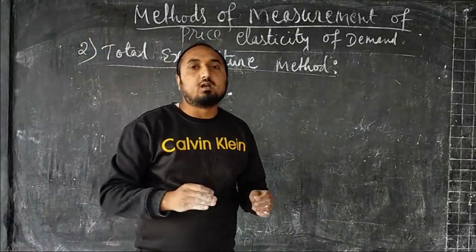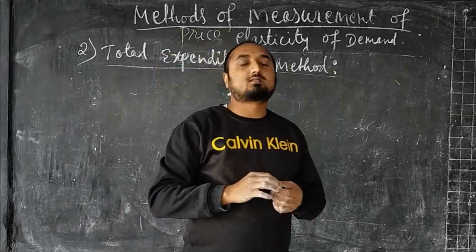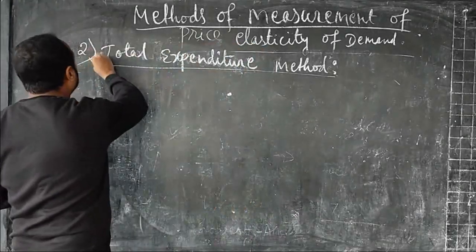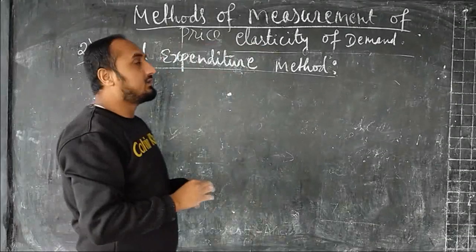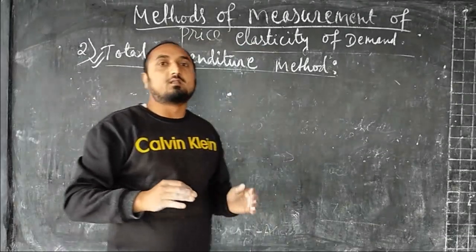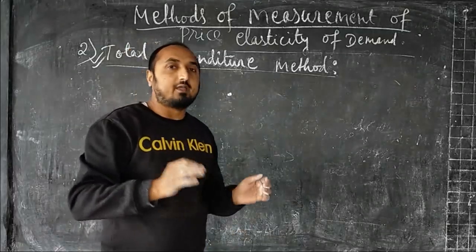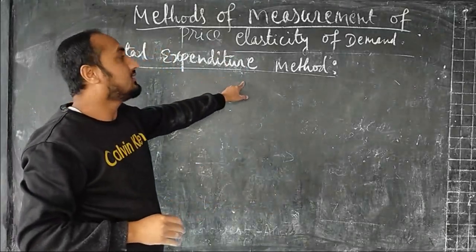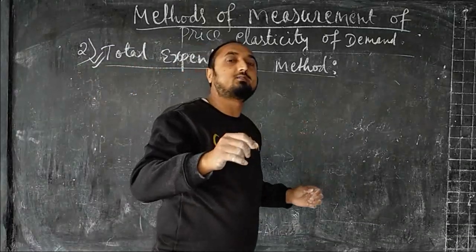One of the methods suggested by Alfred Marshall to measure the elasticity of demand is total expenditure method. So in the case of total expenditure method, the elasticity of demand is measured by changes in total expenditure due to change in the prices of a commodity.